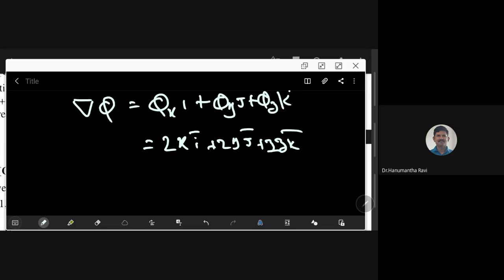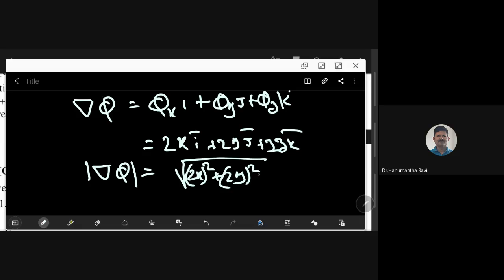Now the modulus of grad phi is the square root of 2x whole square plus 2y whole square plus 2z whole square. So this is nothing but 2 into the square root of x square plus y square plus z square.